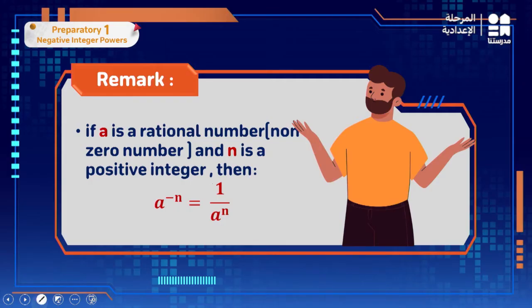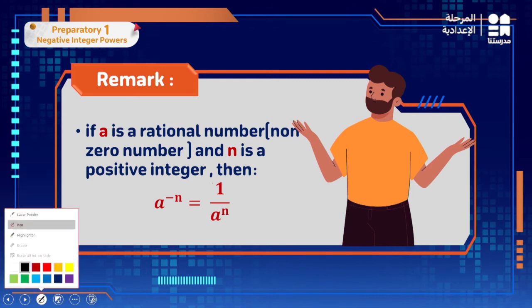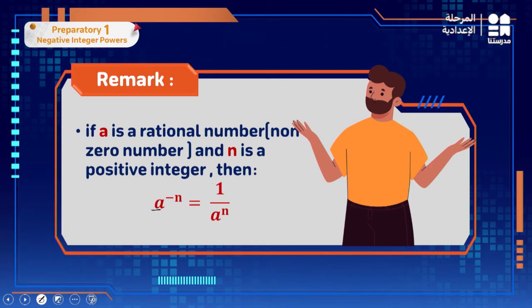So it is a, actually this a is over 1. Let me write it. This a is over 1. And the exponent here is negative, so we are going to flip it. It becomes 1 over a to the power of n. So keep that in mind because we are going to use it now.